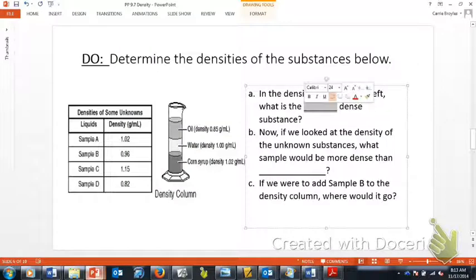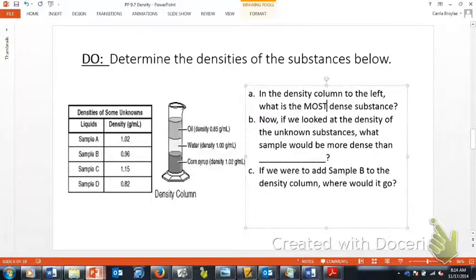So now let's actually look at some examples here. What I want us to do is look at letter A, and it says in the density column to the left, we need to write what is the most dense substance. And so when we talk about most dense, remember we're looking at things that are sinking here because we are talking about, in this particular case, a liquid. So if this is a density column, based on their densities, they're going to sink or float.